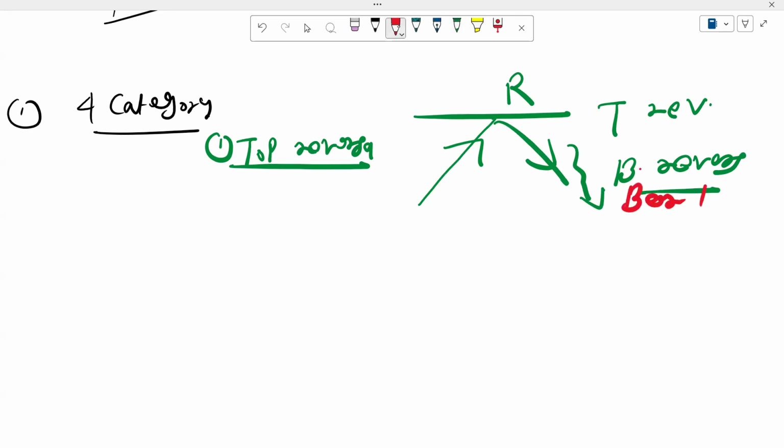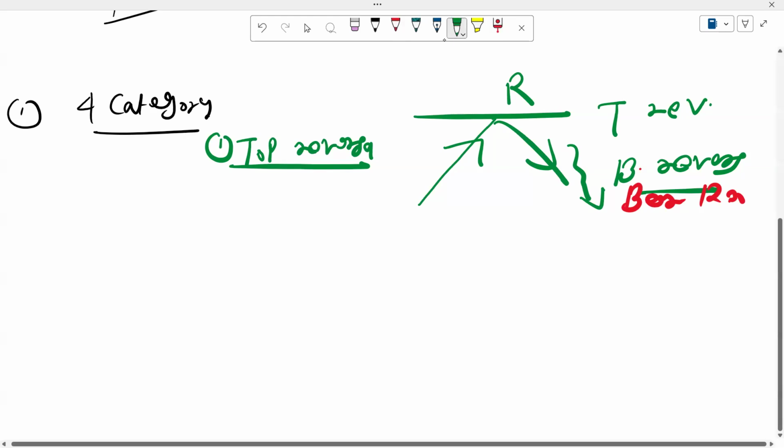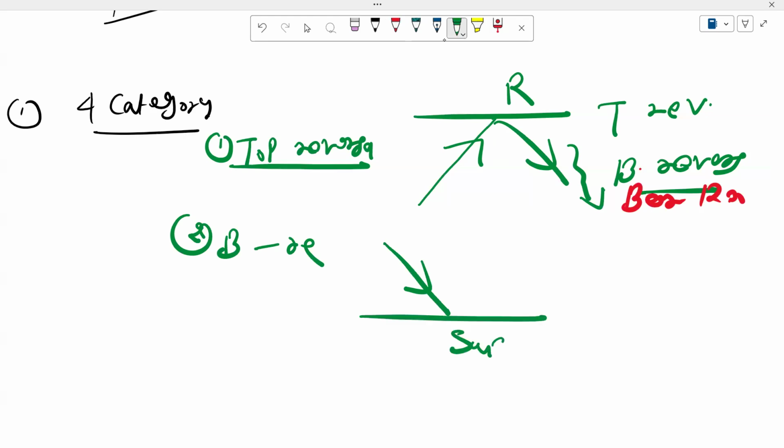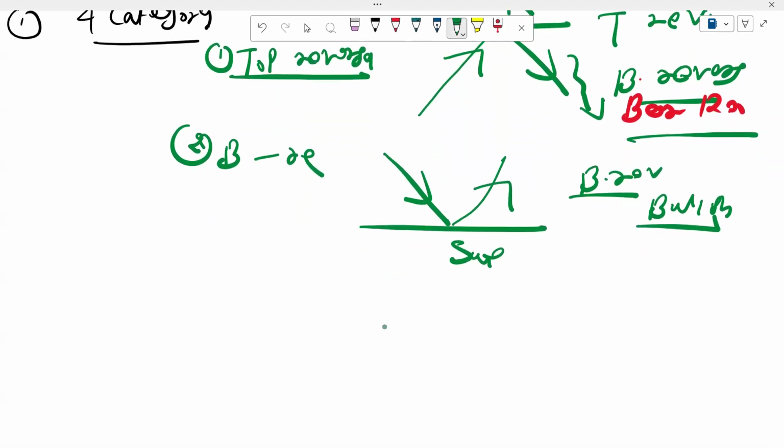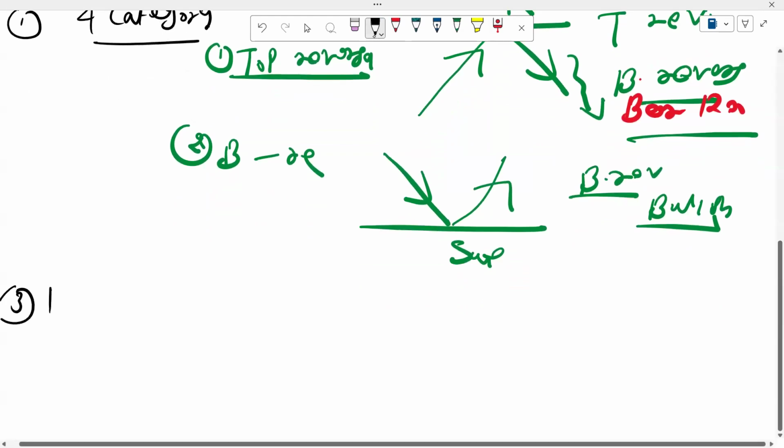And the second category is the bottom reversal. In the bottom reversal, what will happen? A stock is going down, suddenly it gets some support, and here it reverses, so it's a bottom reversal. You can call it a bullish reversal also. So bearish reversal, bullish reversal, and two are the continuation: bullish continuation and bearish continuation.